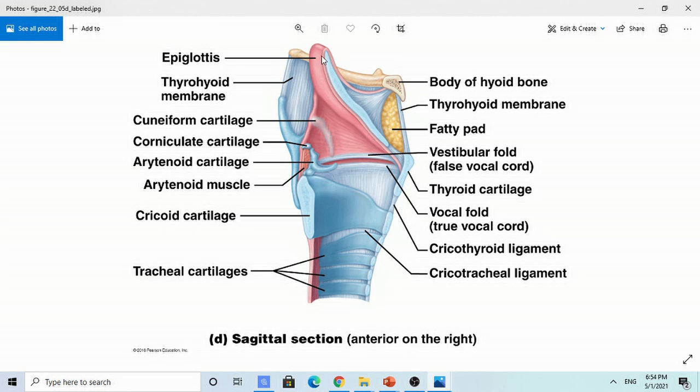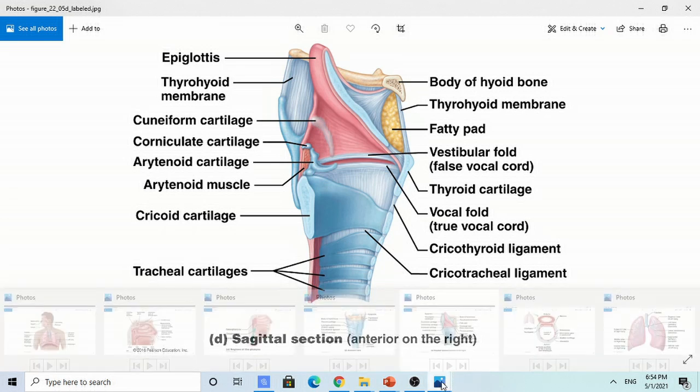This is the epiglottis I described earlier, which serves as a cover for the airway, which prevents the entrance of food or drink into the airway. As you can see, this is a cricoid cartilage, and these are the incomplete circle cartilages which keep the airway, trachea, and bronchi patent or open for the passage of the air.